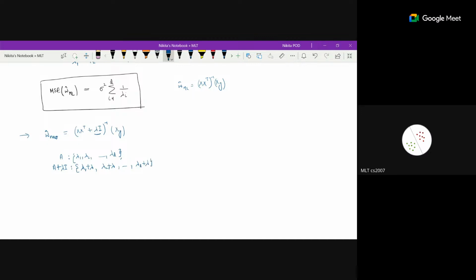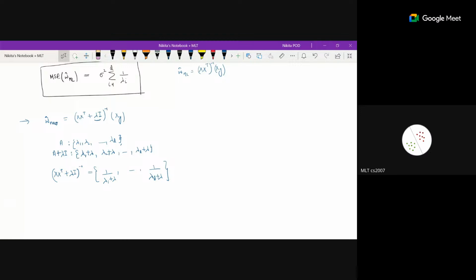If we find the inverse of XX transpose plus lambda I, its eigenvalues would be 1 upon lambda 1 plus lambda, and so on till 1 upon lambda d plus lambda.